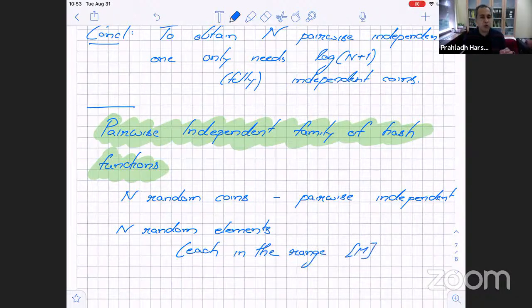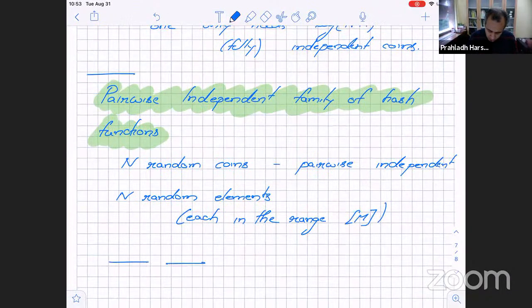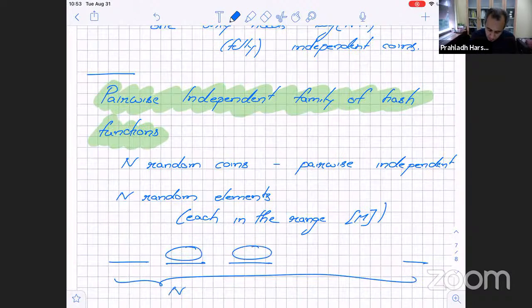Previously, m had just two choices, 0 and 1, but now m is possibly larger. I want n of them, each independent, each equally likely, each uniform in the set m.